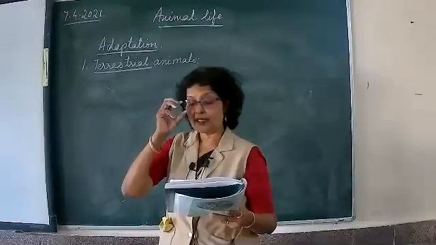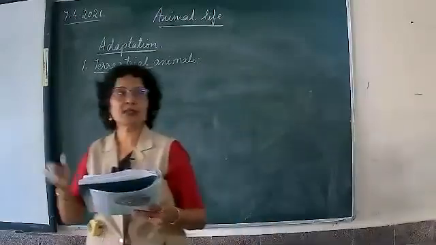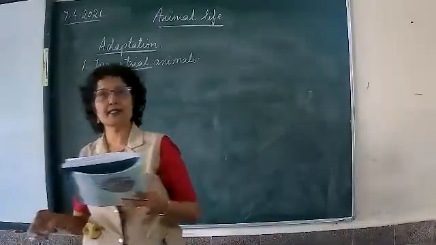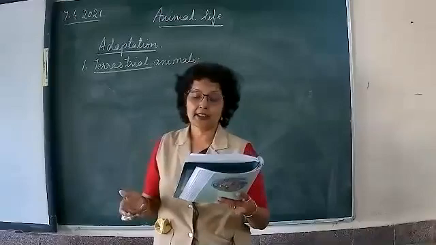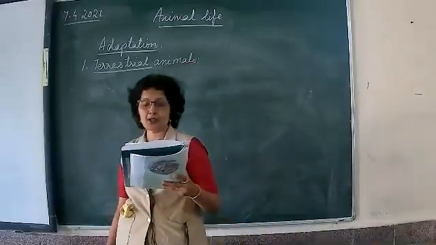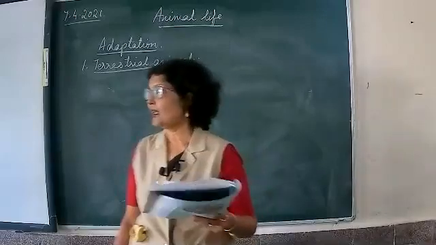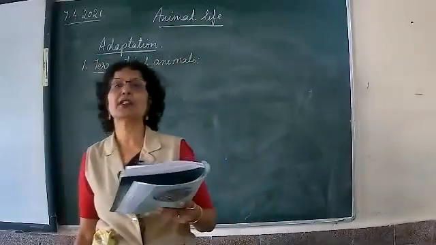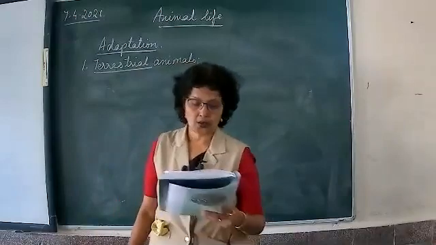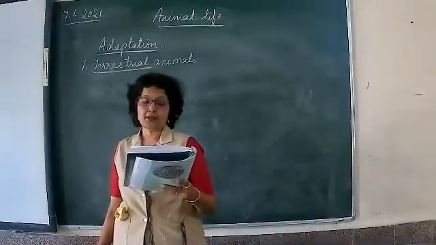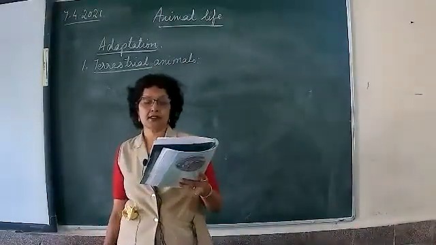Animals that live in cold places have thick fur or long hair on their bodies, like the polar bear. And why do they have thick fur and long hair on their bodies? To protect them from the cold. Animals that live in hot places have thick skin.